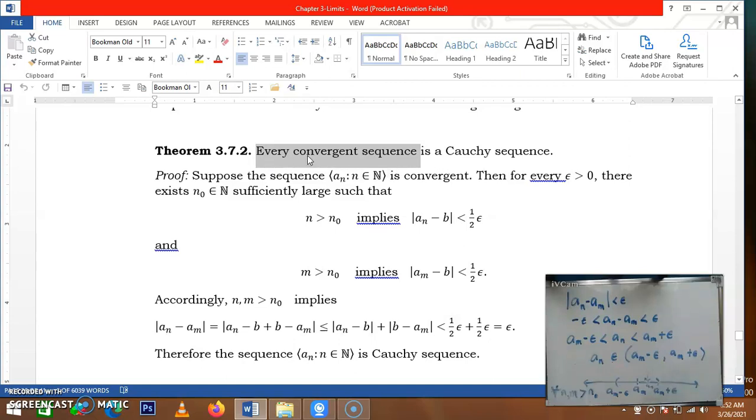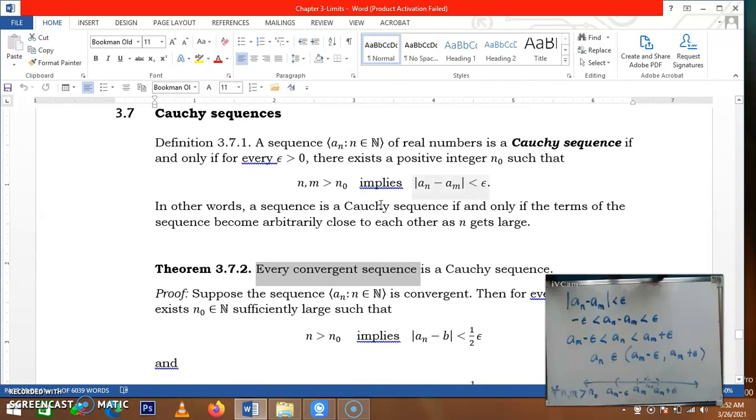Then we will show that the given sequence is Cauchy by using the definition of Cauchy sequence. So we will show that for every epsilon, we will try to find the existence of a positive integer n sub 0 such that we have here, and we will show this one.